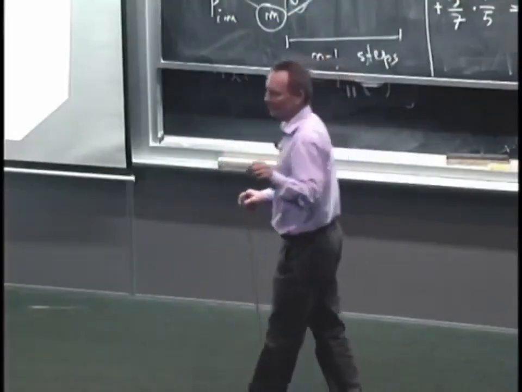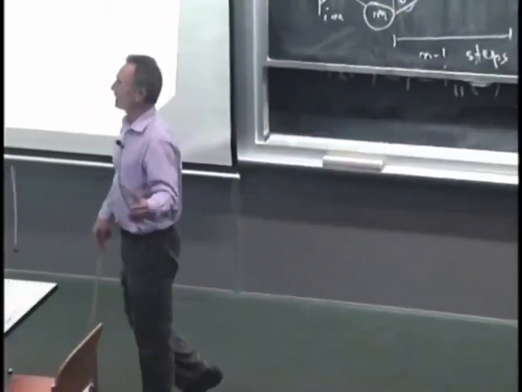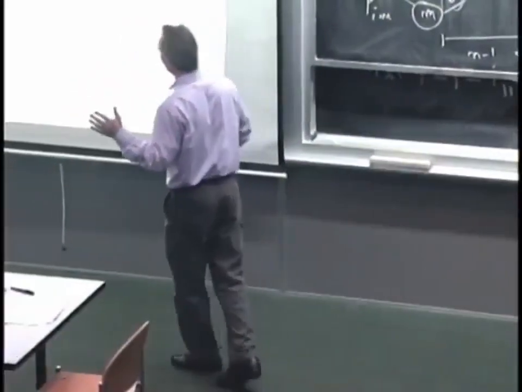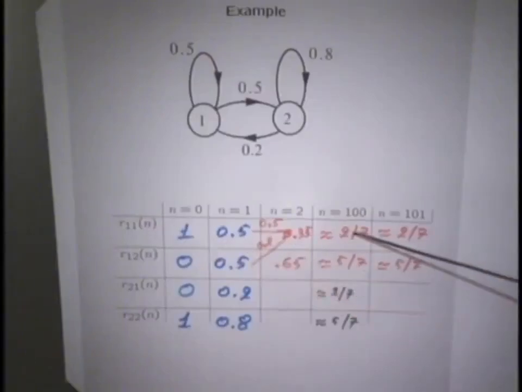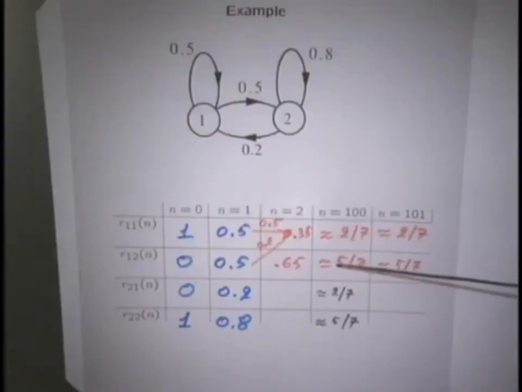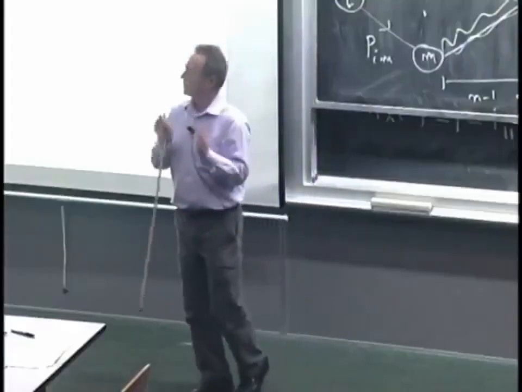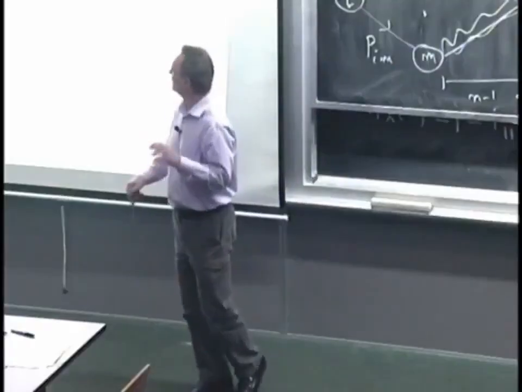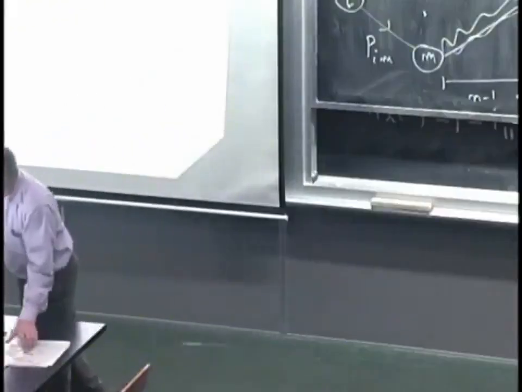What becomes steady are the probabilities that describe Xn. That is, after a long time elapses, the probability that you find yourself at state 1 becomes a constant, 2/7, and the probability that you find yourself at state 2 becomes a constant. So jumps will keep happening, but at any given time, if you ask what's the probability that right now I am at state 1, the answer is going to be 2/7.